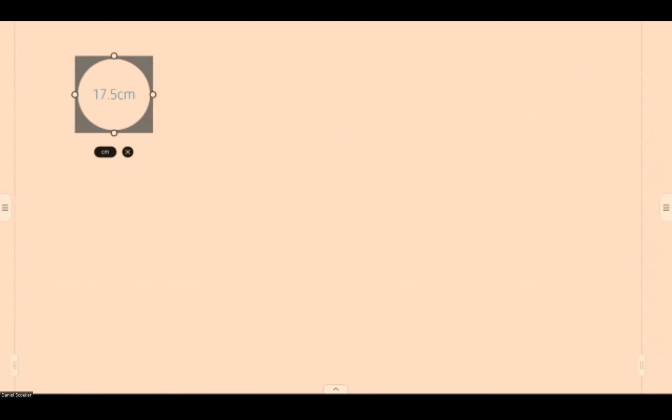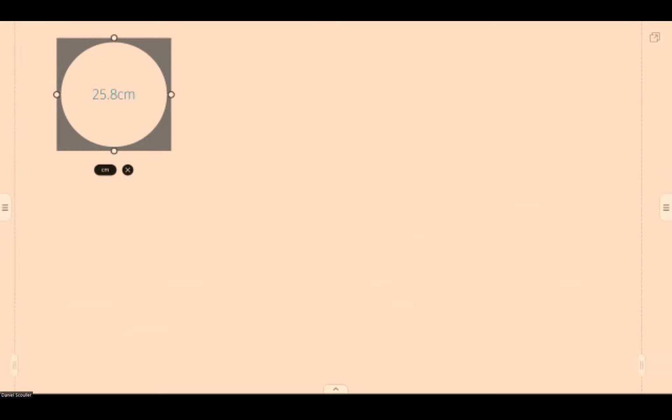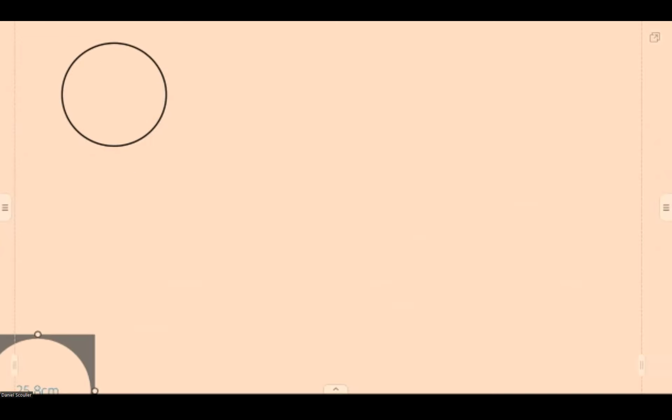Okay, so what we're going to move on to is using something called a chord. Now what we need to be really clear with is this is very different from sectors and arcs. We've been through a couple of rules of circles. Let's have a wee look. Circle, like so.